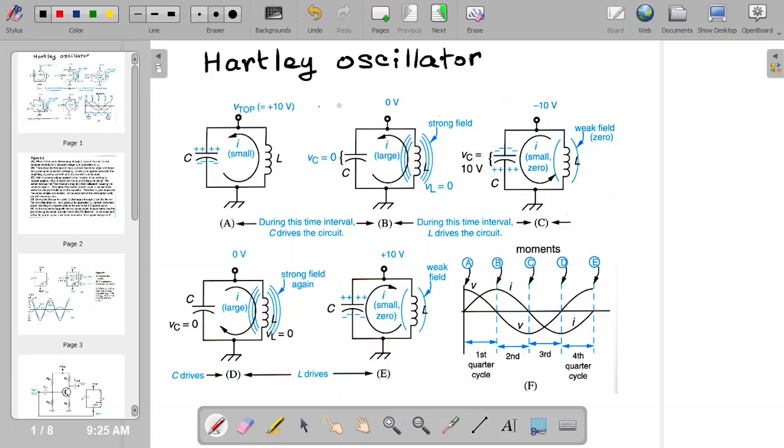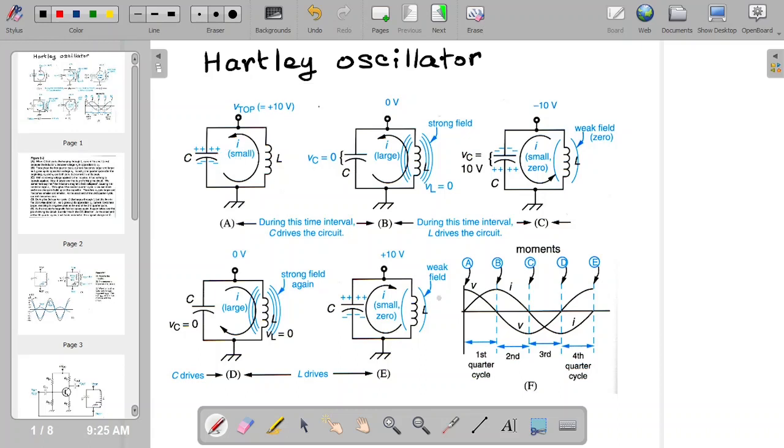So the heart of the Hartley oscillator is of course an LC oscillator, which is also called a tank circuit. So it's just a capacitor in parallel with an inductor. So here I'm showing once the capacitor has been charged to 10 volts, what happens in the tank.